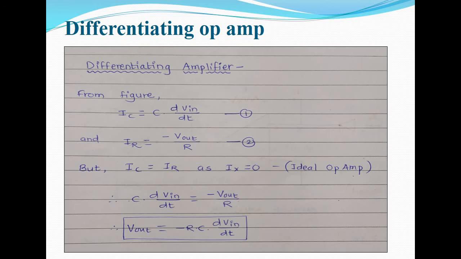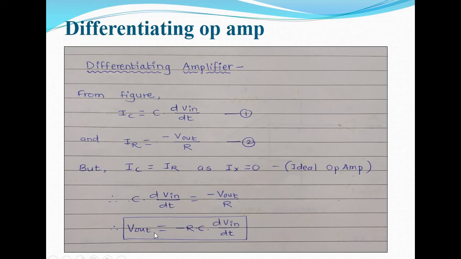So we can say that IC is equal to IR, as IX is equal to 0. So again we can replace these values of IC and IR: C multiplied by d of V in divided by dt equal to minus V out divided by R.